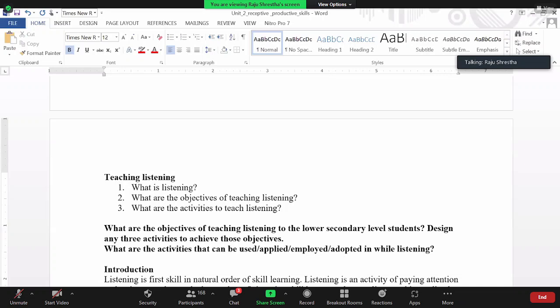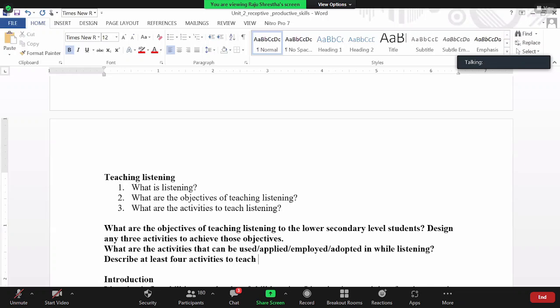Question mark. Describe at least 4 activities to teach listening to the lower secondary level, जोड दिन सक्छ. ल हेर्नुस्, describe at least 4 activities to teach listening skills to the lower secondary level students.